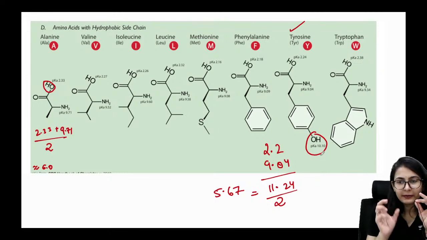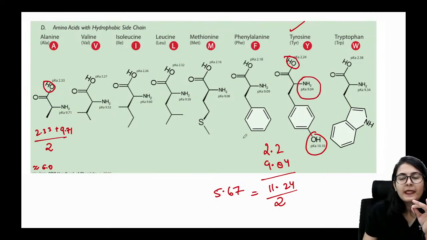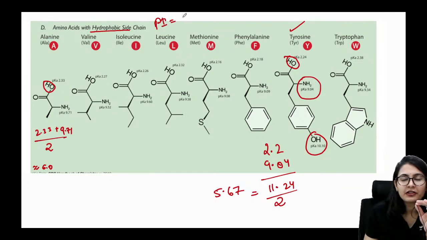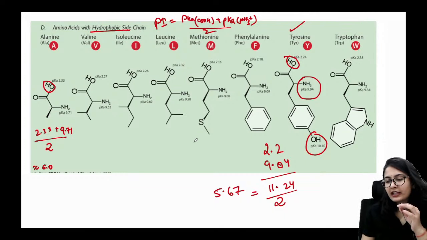Although the pK value of OH is also there, still for all of these acids you are only going to take these two groups and find out the answer. For hydrophobic side chains, the Pi or the isoelectric pH is found by adding the pKa of carboxylic acid plus the pKa of the amine group, divided by 2. We will just calculate it like this.